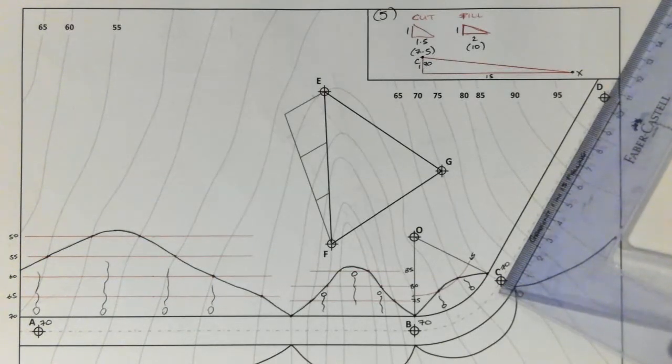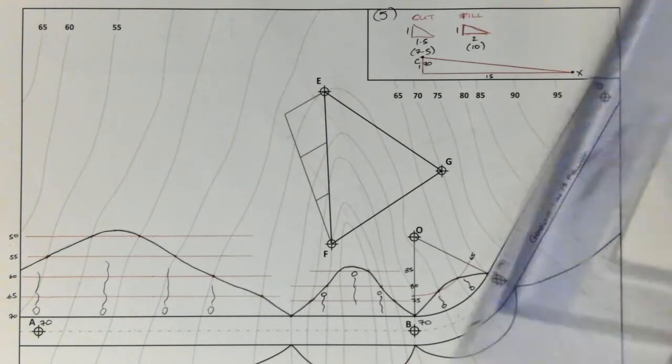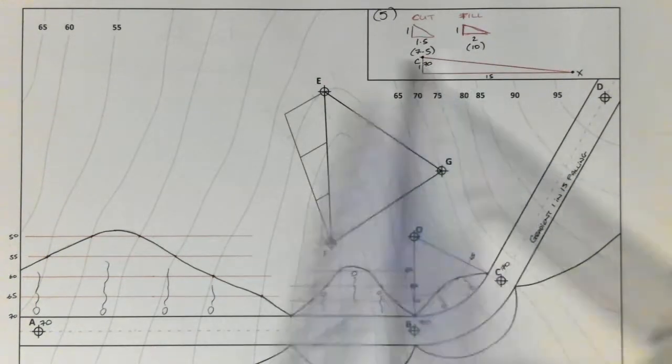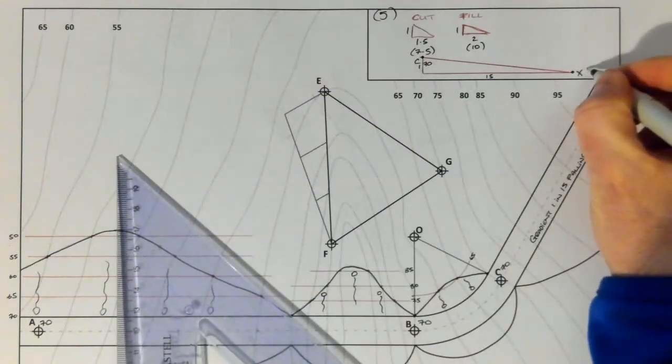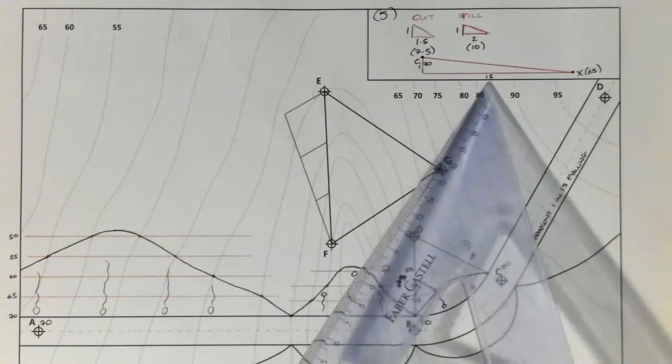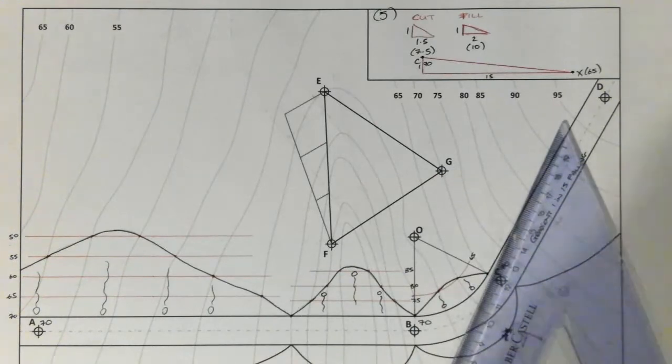So what I'm going to have to do is work out a different scale. I'm going to pick something half of that. In this case I want to drop down 5 meters in altitude. So if that's at 70, take 5, X is going to be 65 for me. And 5 times 15 is going to be 75.